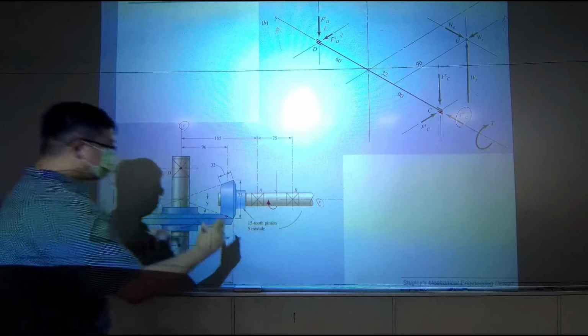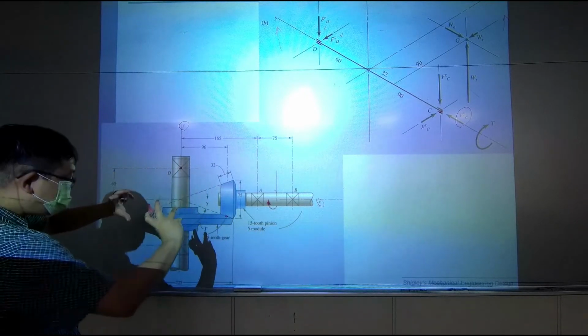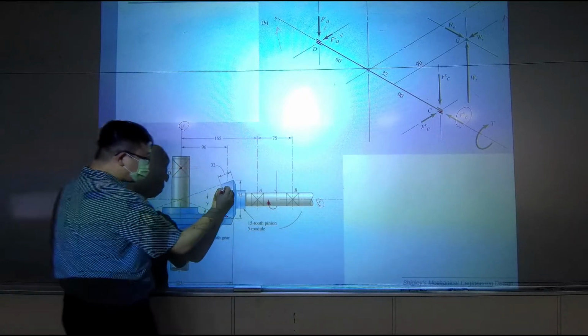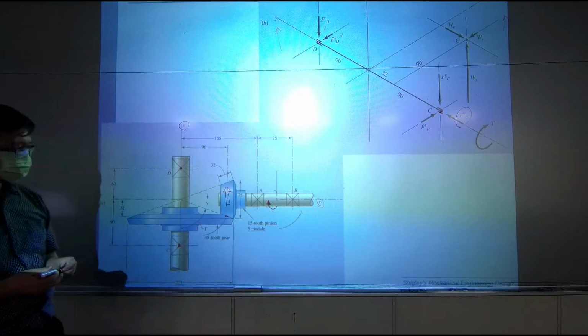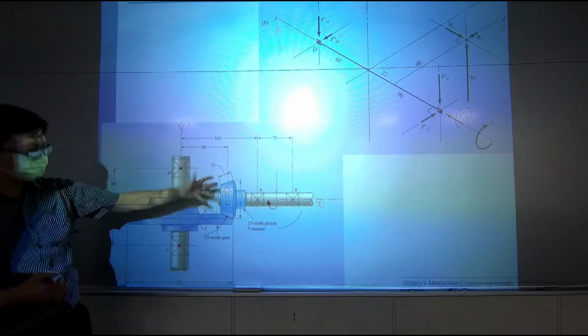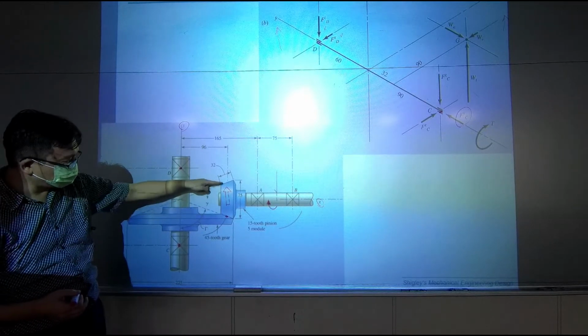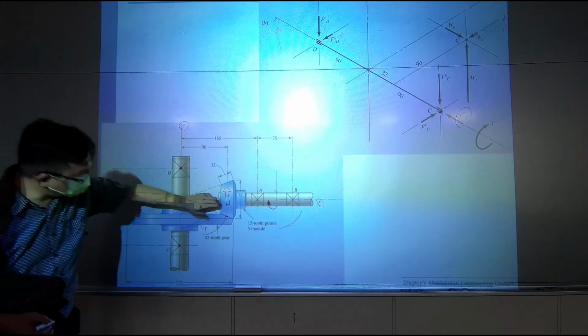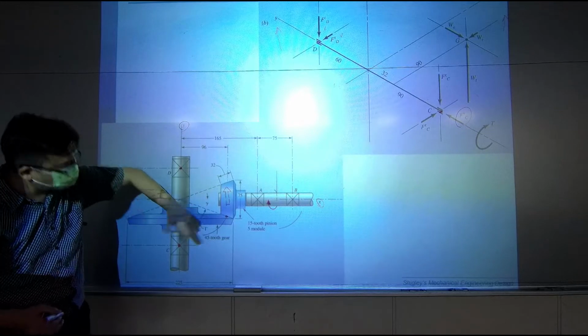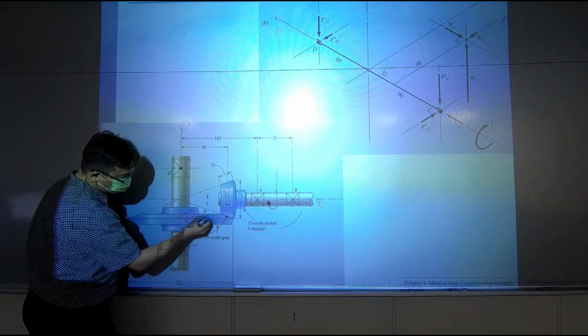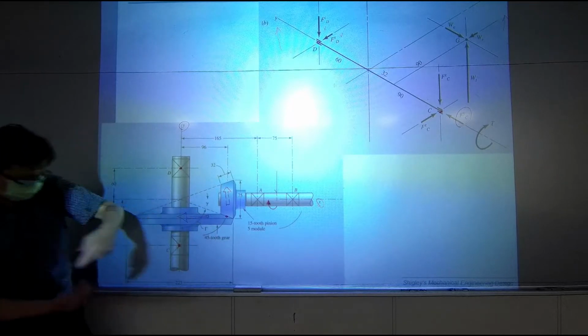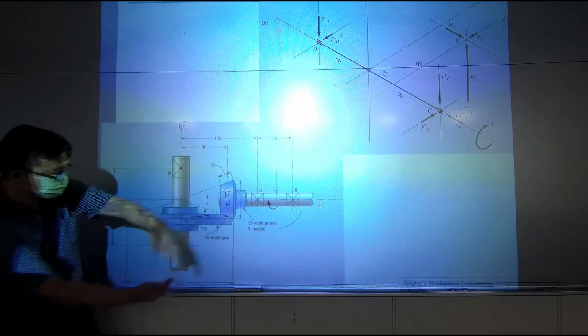Okay, so it's telling you it's rotating in this way. From here to here. So if this pinion rotates in this way, that means the gear right here rotates in this way. Okay, it rotates like this.